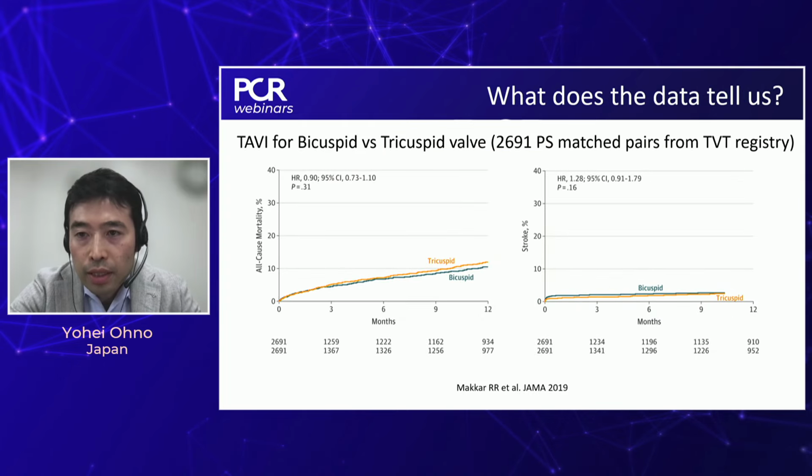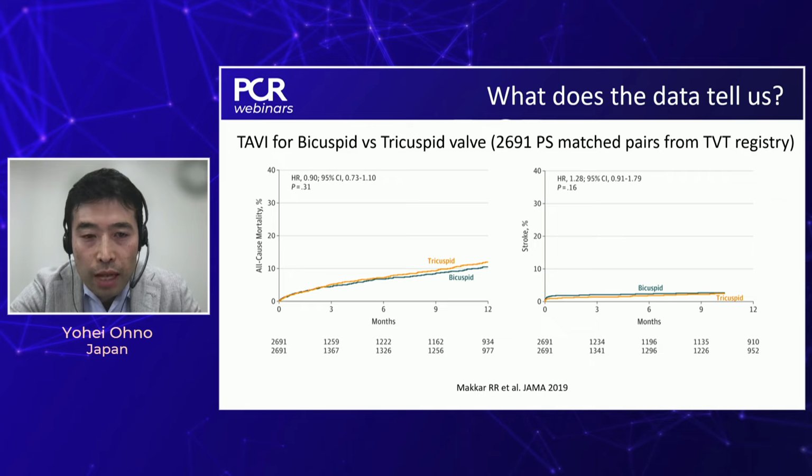So what does the data tell us so far about TAVI for the bicuspid cohort? This is a famous study, a large cohort from the TVT registry, with propensity score matched pairs, 2,060 to 691 patients, in each of the bicuspid and tricuspid cohorts.